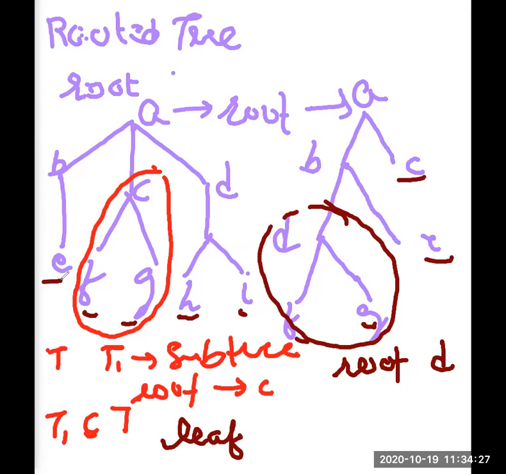So vertices which are at the end of the path are called leaf vertices.